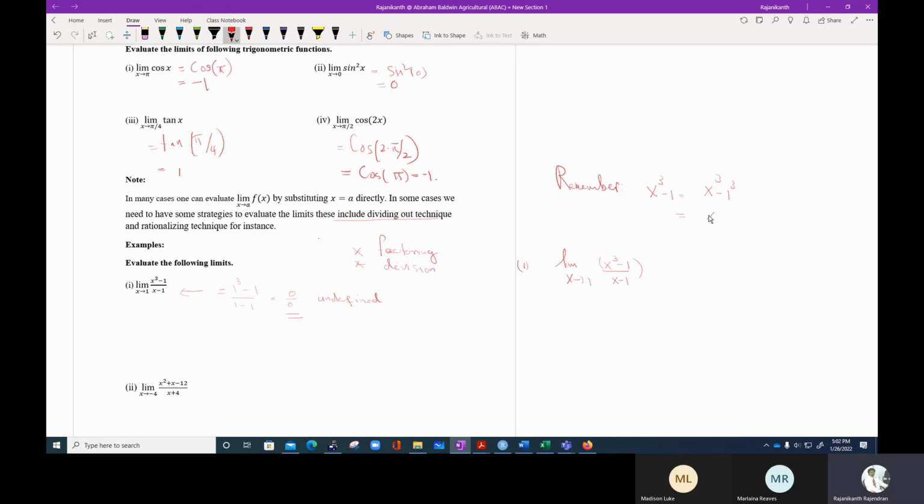So this could be factored as x minus 1, then the first term squared. So if you see minus here, you have to write plus here. Then you have to multiply these two terms, 1 and x, which is x. Then the last term squared. Okay, so this is the factored version of x cubed minus 1.